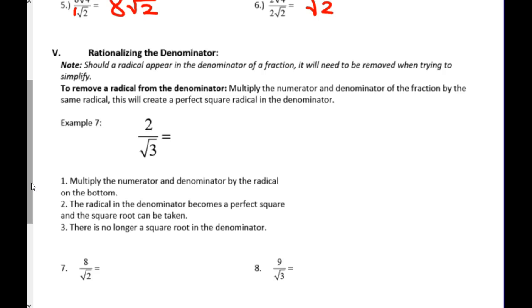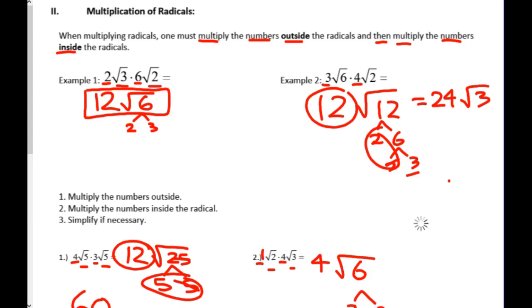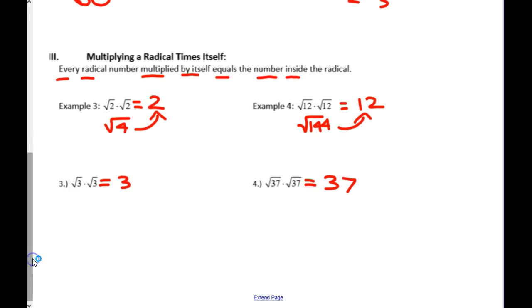So here's the deal. 2 divided by square root of 3. I want you from now on to think square root of 3 on the bottom. Can't do it. So here's how we get rid of the square root sign. To get rid of a square root, remember from what we just did, you multiply by the exact same square root, and it goes away.